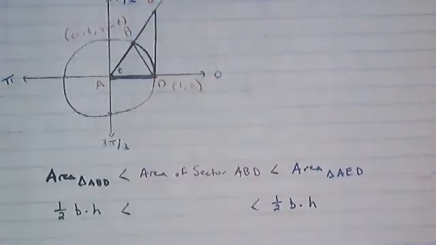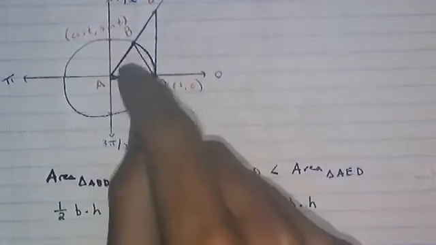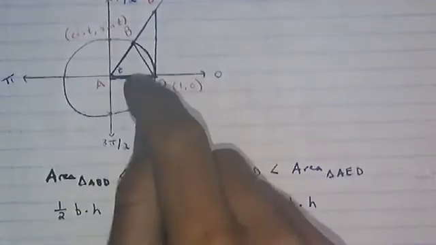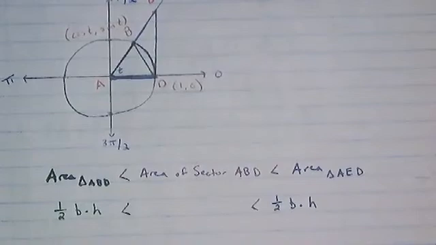What's the area of the full circle? Pi r squared, but let's be more specific for this circle. It's just pi, okay? Because this is a unit circle. The sector area of any circle is going to be the fractional component of a full rotation of that full area.